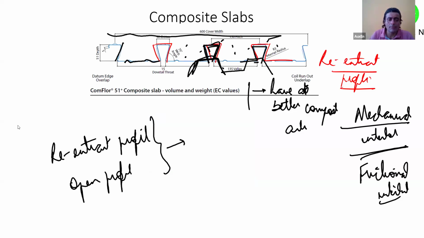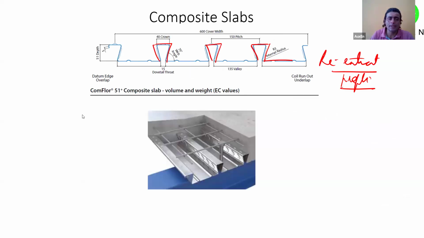So these are another type of profiles that you see. Again, this is a product from Tata Comfloor. You can see the cross-sectional view over here. And for overlap, how will the overlap happen? Now I think you can understand that the overlap will happen over here, whereby this thing will go over here. Is it clear, Mr. Asim?